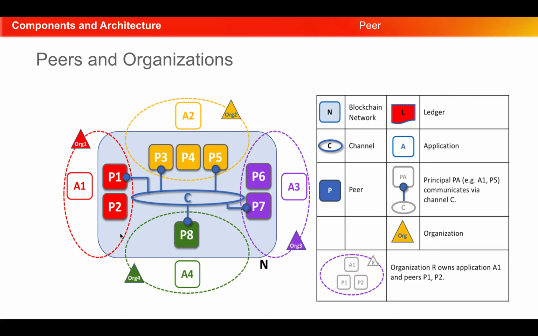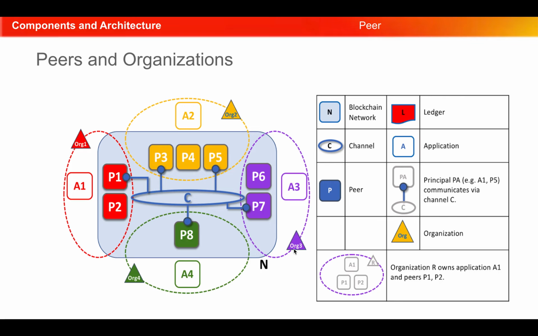All these three entities are managed by organization 1. It's the same with organization 2. There's application 2 and there are three peers, P3, P4, P5. It is managed by organization 2 and it connects to the same channel, which is C.